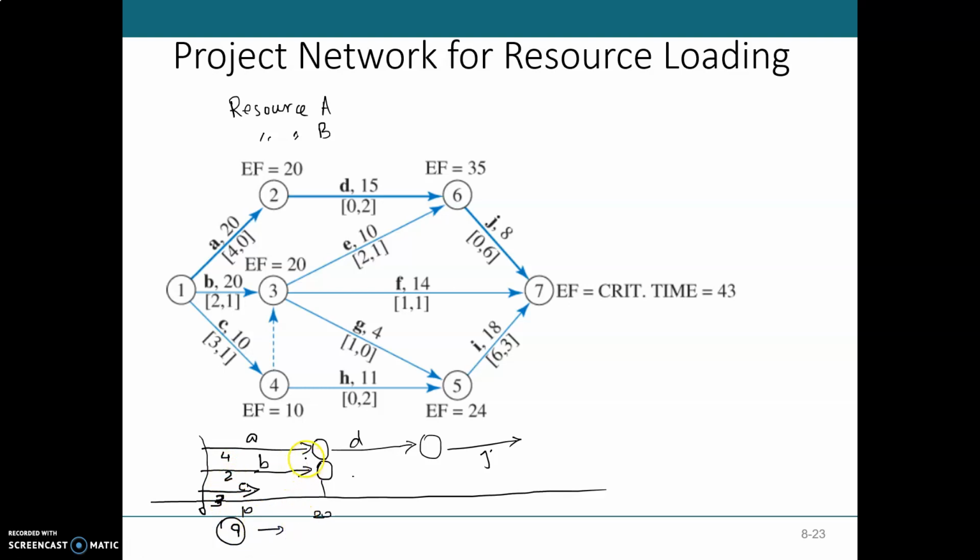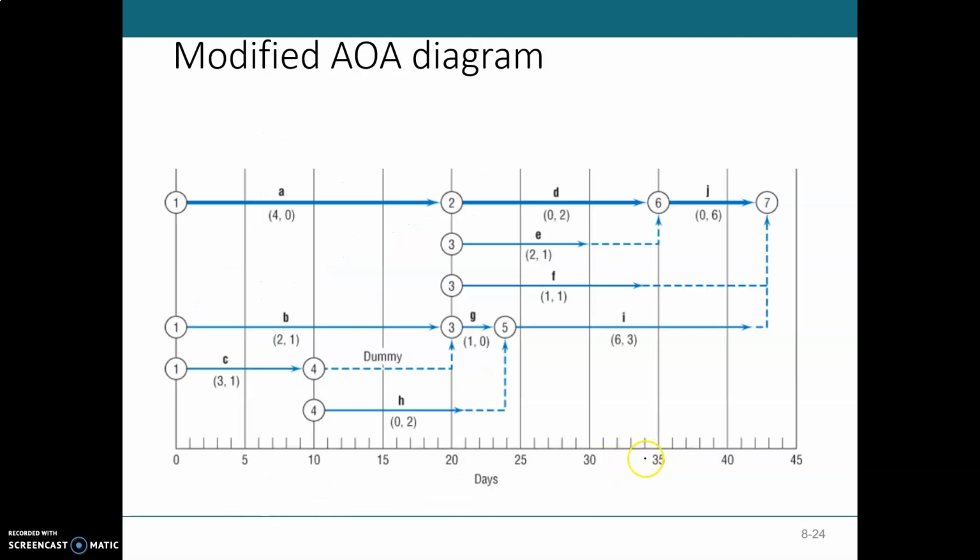If we draw this diagram nicely, then we can come up with a very nicely drawn diagram, as I am going to show in this slide.